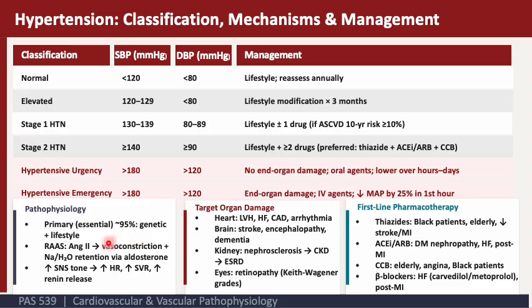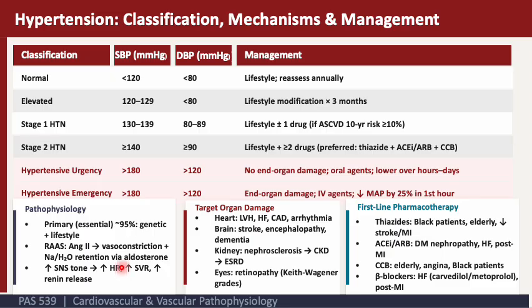Other than that, you can also have one that is due to the renin, angiotensin, aldosterone system. Angiotensin 2 will cause vasoconstriction, and sodium and water retention via aldosterone, which can cause blood pressure to be increased.